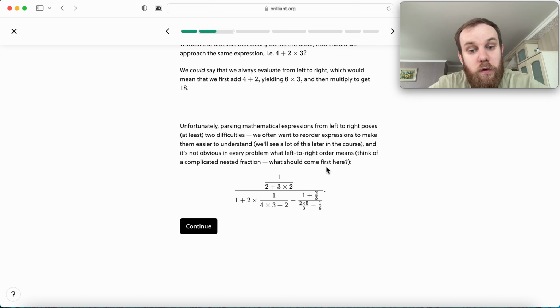Okay, think of a complicated nested function. What should come first here? Maybe we shouldn't write it down in this way. I agree. It's basically not very obvious in this situation. But if we write it down in a different way, I think it could be more obvious.